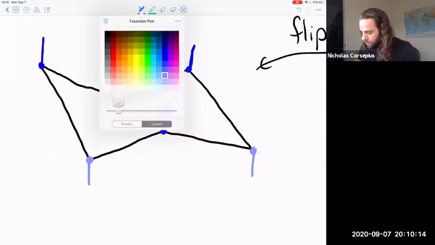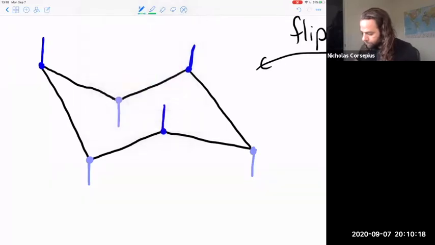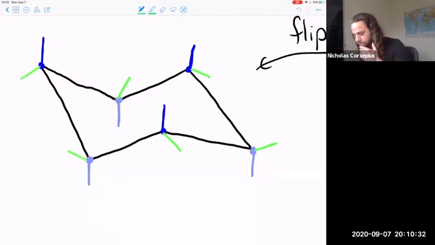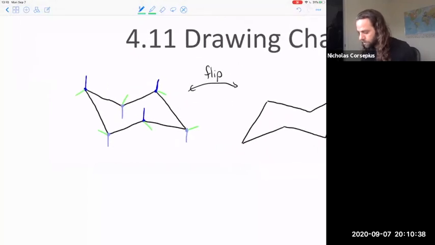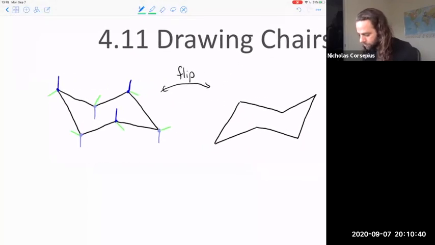And then we draw in the equatorial. They just kind of stick out for everybody. Again, if it's pointed up, draw it slightly down, point it down, draw it slightly up. All right, so green are the equatorial, blue are the axial in this particular one.